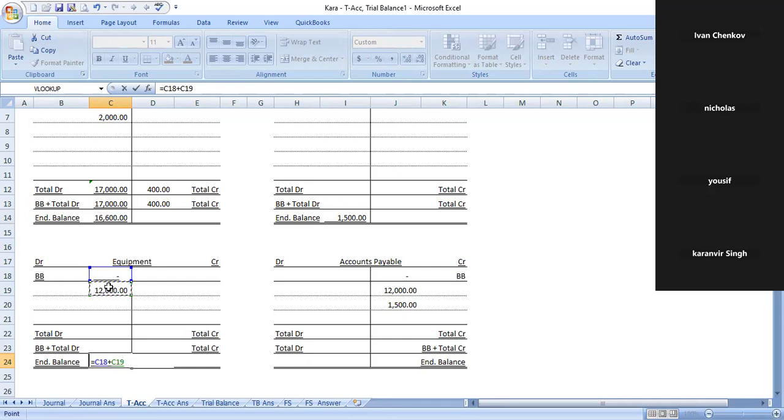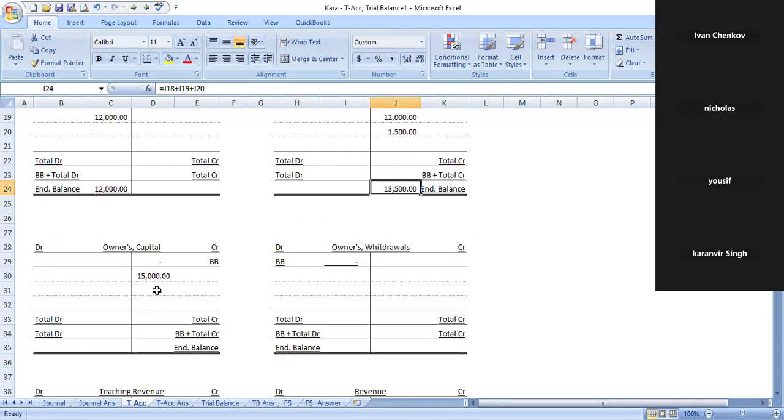Since we don't have anything else, that will be the only balance here. In accounts payable, we have the beginning balance plus the first unpaid amount and the second amount that we didn't pay. So we're going to have accounts payable of that much.